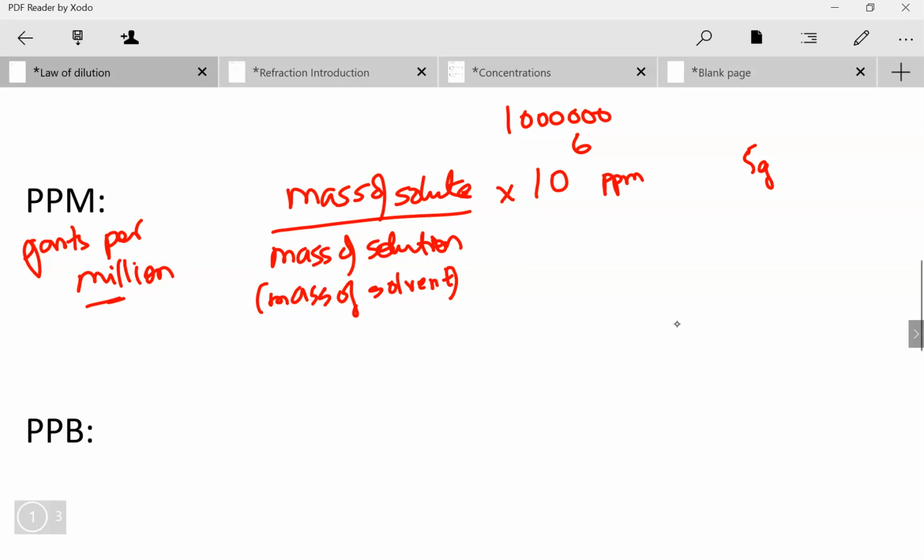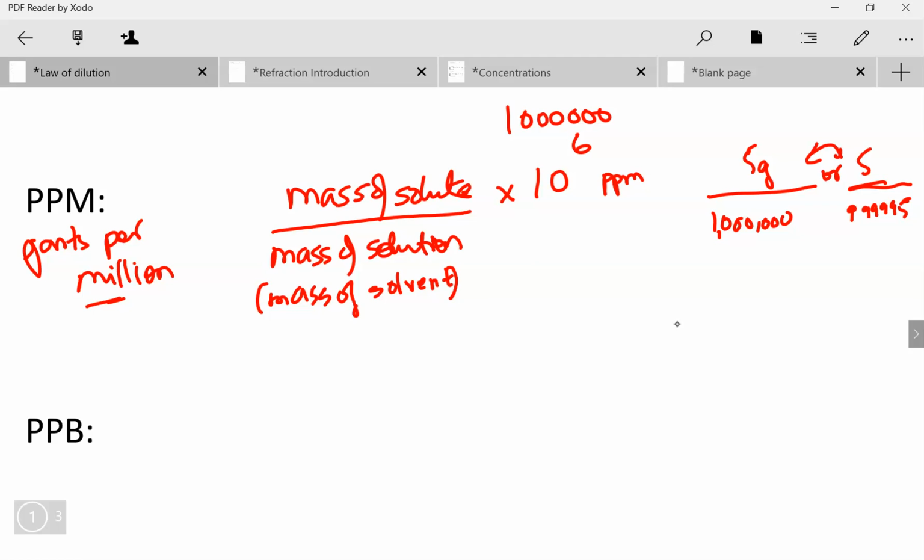So essentially, whether I do 5 divided by 1 million solution, or 5 divided by 999995, which was the solvent, whichever one I do, I will get approximately the same answer. This is not going to make a big difference to my calculation.